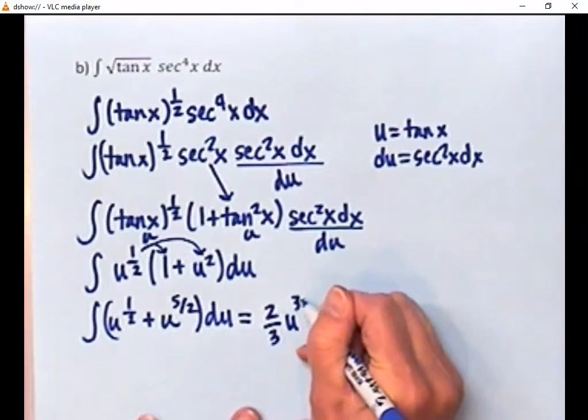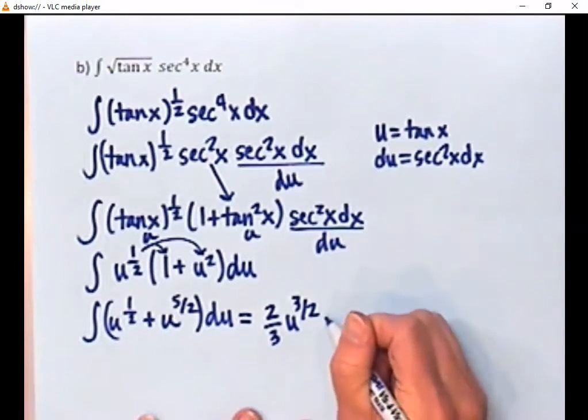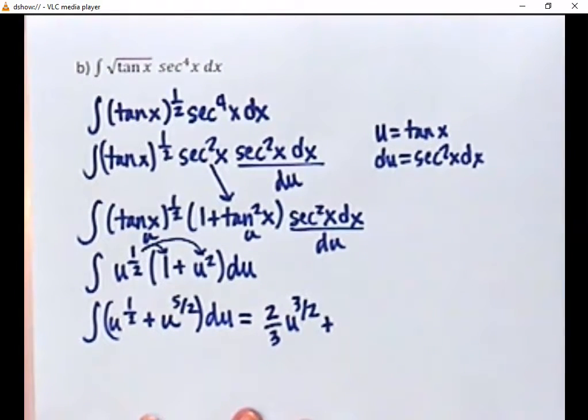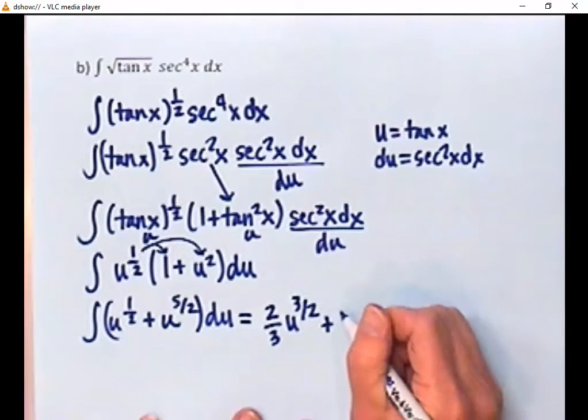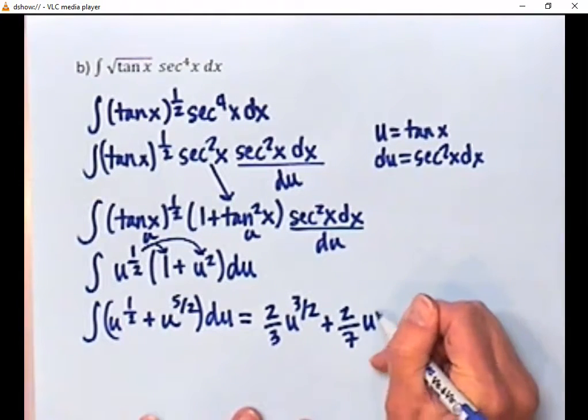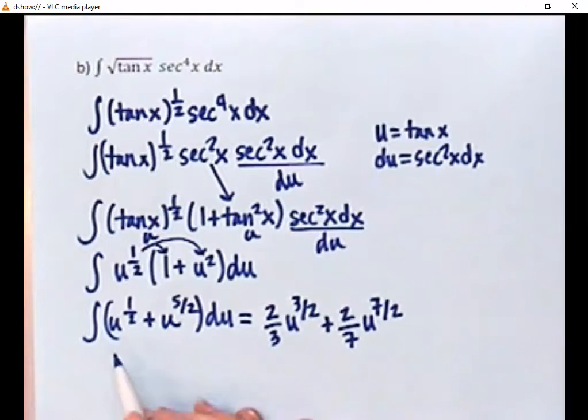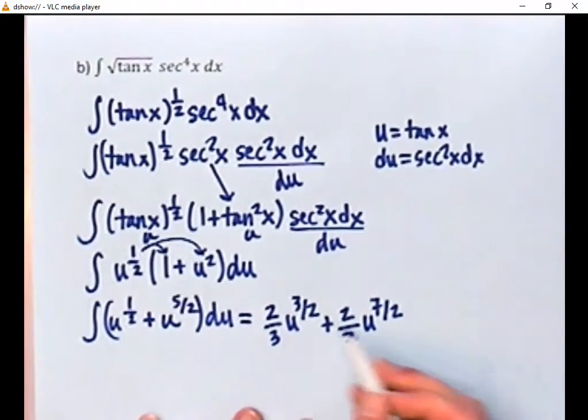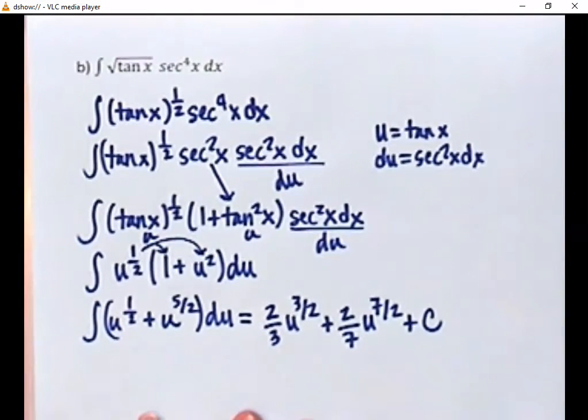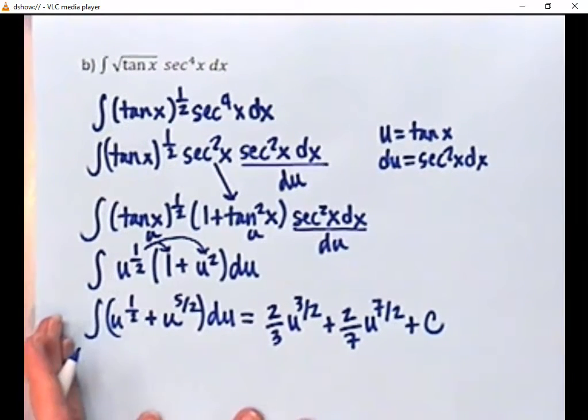Good. Very good. Yep, that's exactly right. So add 1 here will give you 3 halves and multiply by the reciprocal. Add 1 there will give you 7 halves multiplied by the reciprocal. We've got our plus c. There's no limits on this one that I forgot, right? Okay, so there's a plus c on this one.